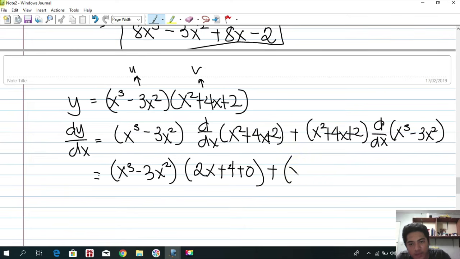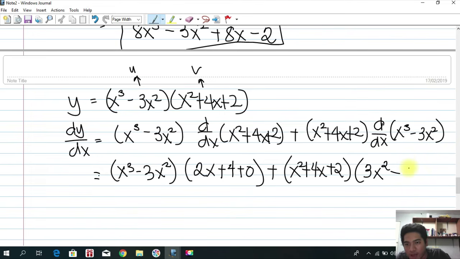So plus x squared plus 4x plus 2 times the derivative of this, since this is a power rule, 3x squared. Yes, you got it right. So minus, this is a combination of power rule and a constant. So we have 3 times 2, because of power rule, 6 times x raised to 2 minus 1.